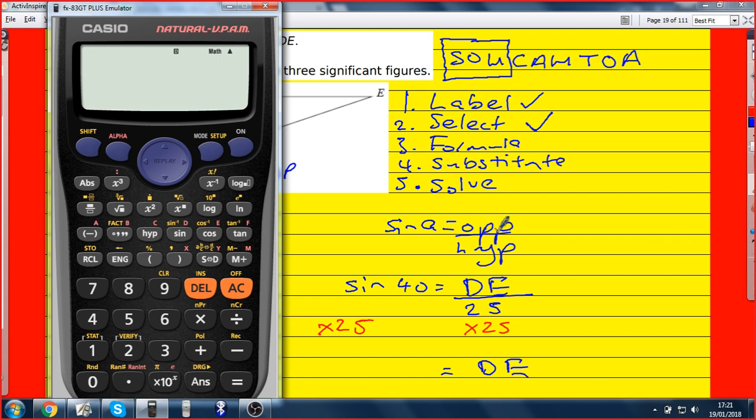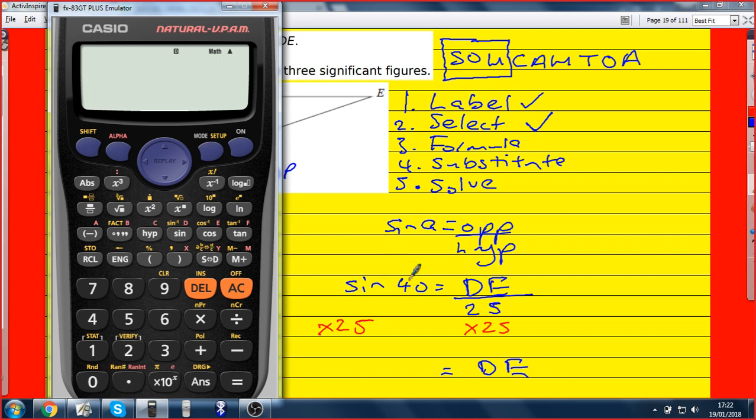So what am I putting into my calculator? I'm not sure how you get the numbers. I'm not sure what you could do to substitute for the DE.